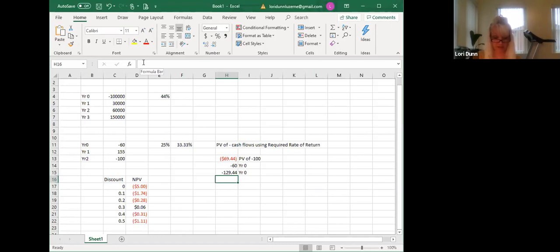Comma, and then in brackets, I'm going to put my first positive cash flow of 155. And then I'm just going to put a comma and 0 for my second cash flow. Close my bracket, close my parenthesis, and enter. And it automatically tells me your internal rate of return is 19.74%.